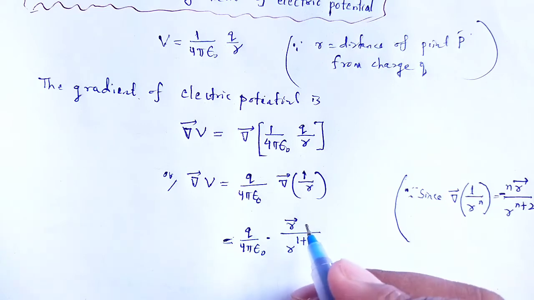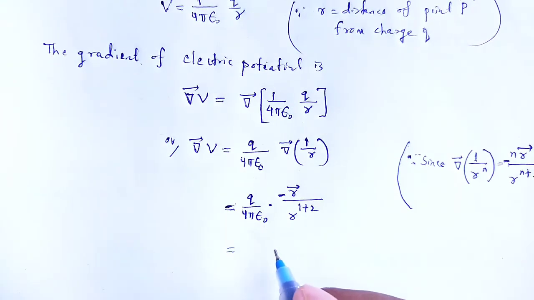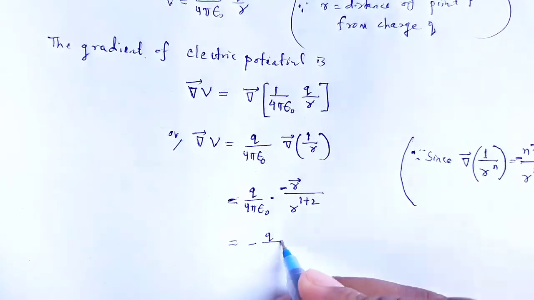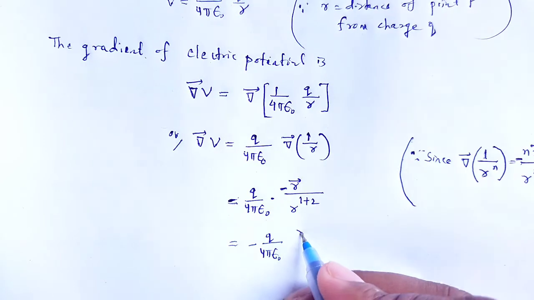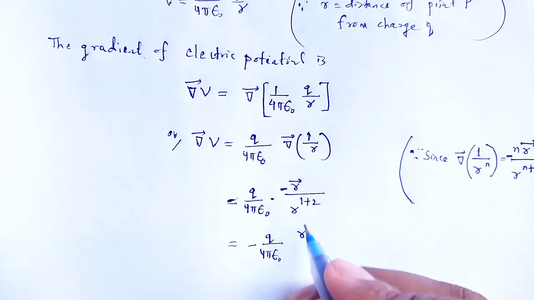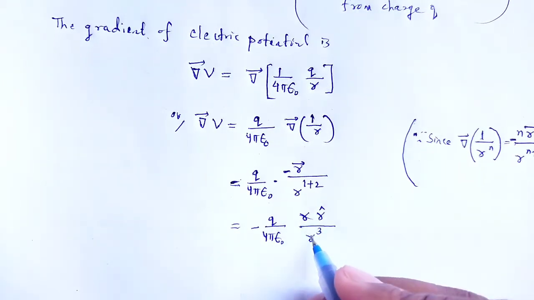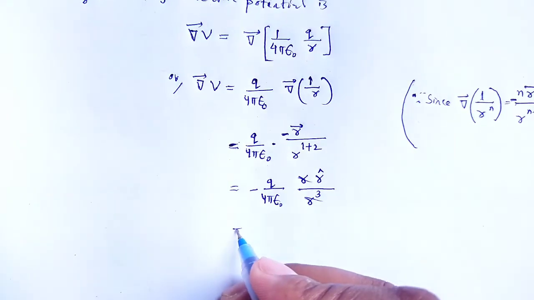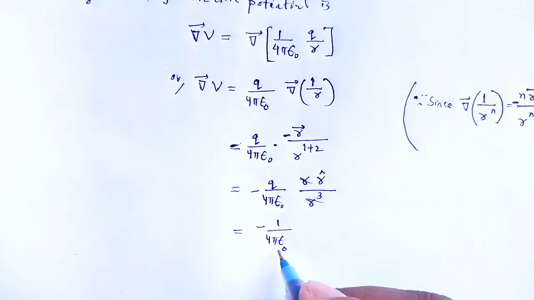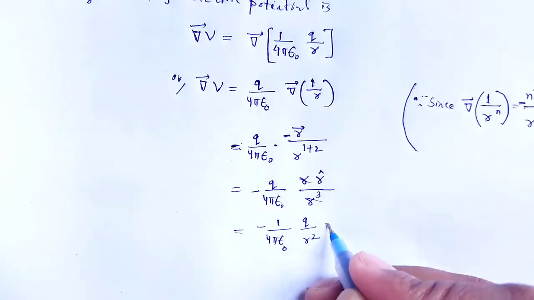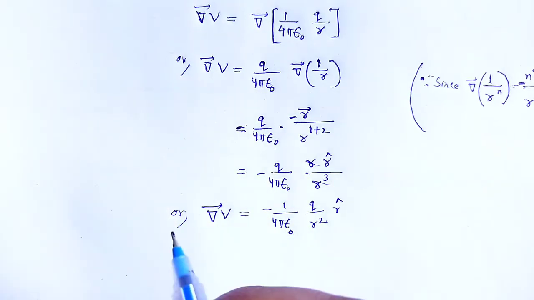Here is the negative. That is negative Q divided by 4 pi epsilon naught r vector, that is magnitude r and its direction r cap, divided by r cube. One r cancels out, it will be minus 1 by 4 pi epsilon naught Q by r square into r cap, that is the value of gradient of that potential.